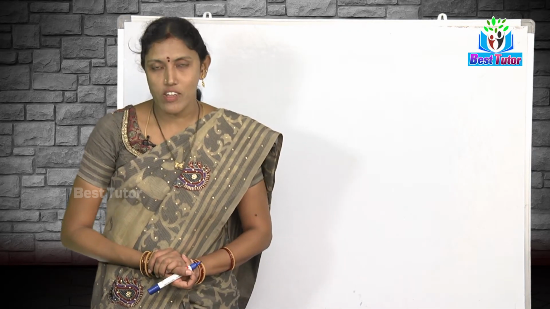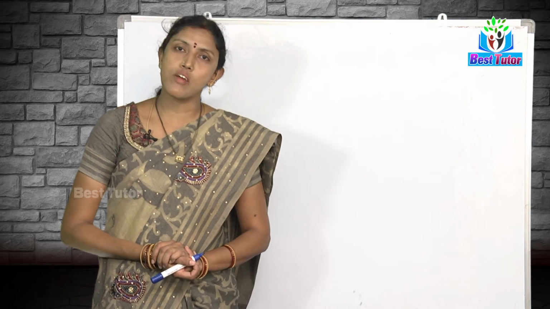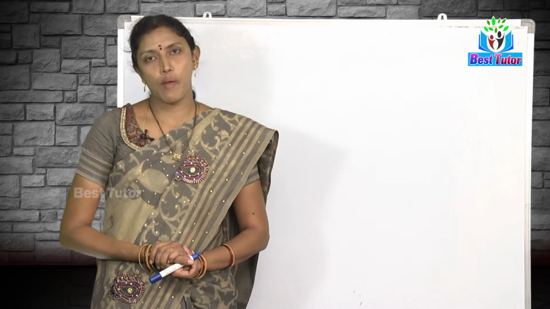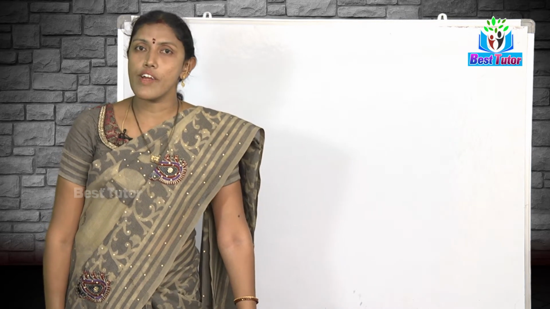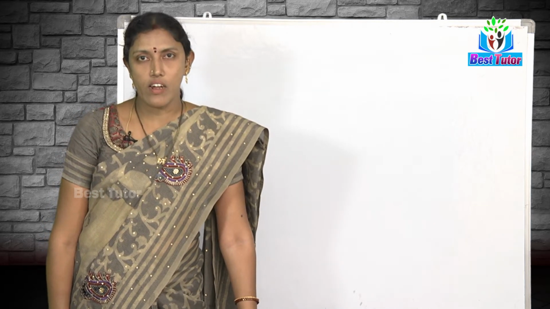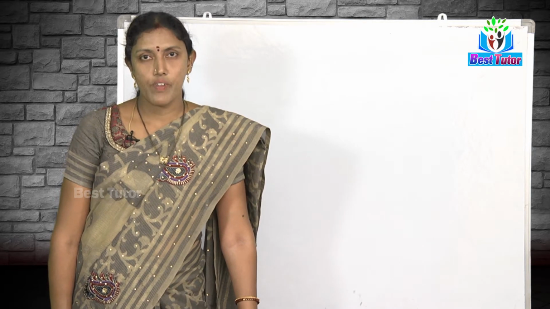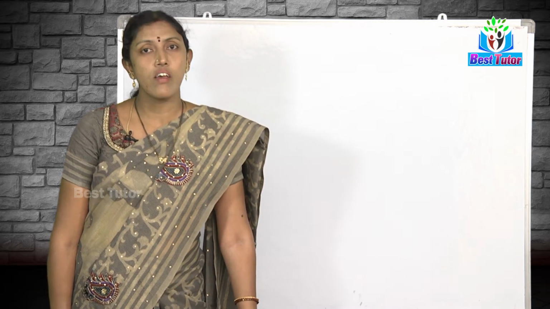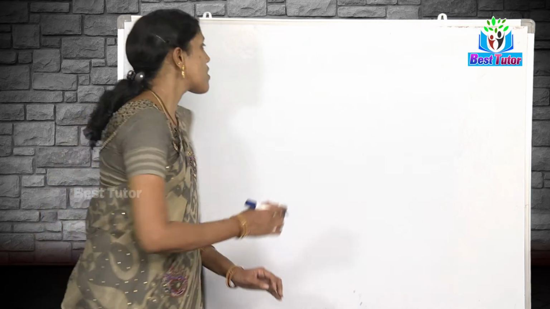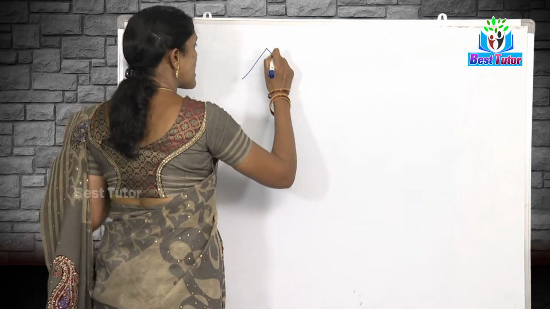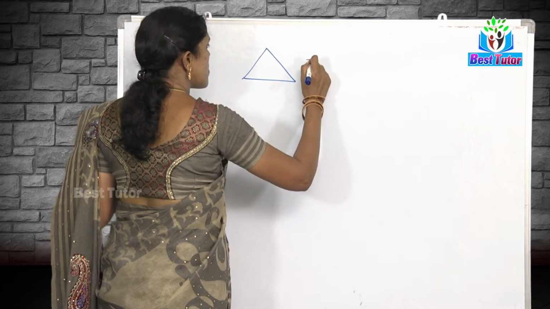This is Rama Vishwanathan. In today's video, we are going to learn about quadrilaterals, types of quadrilaterals. What is a quadrilateral? In the earlier videos, we have learnt about triangles. What is a triangle? The basic definition of a triangle is, it is a closed figure bounded by three line segments.